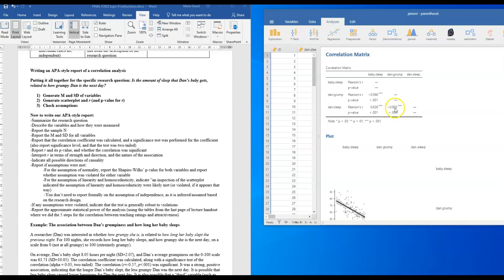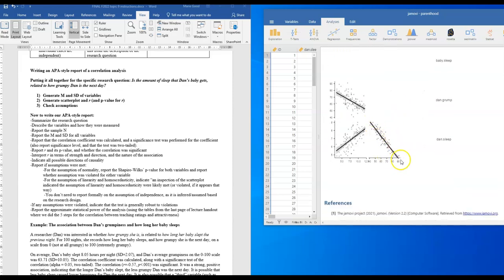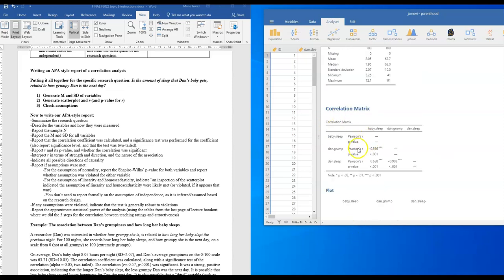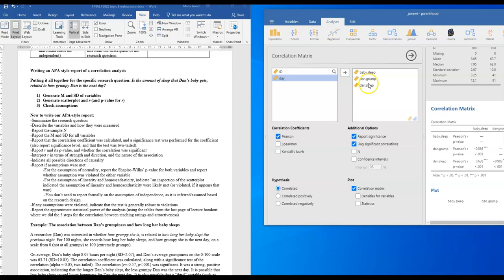Negative 0.903. Look at how tightly clustered the dots are around the line there. That's just a visual depiction of the stronger relationship for Dan sleep and Dan grump as compared to baby sleep and Dan grump. Okay, sorry, that was just a bit of a tangent.